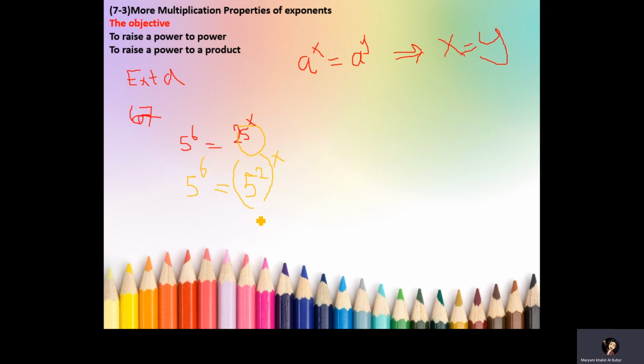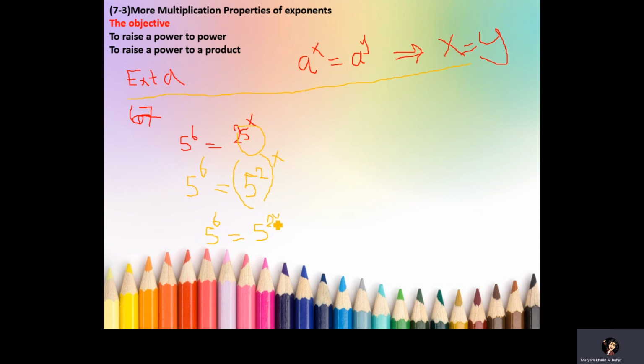All right. I learned that before. If I have a power raised to another power, I can multiply the powers. So that is 5 to the power 2x. I just multiplied them. I did not do anything. That is equal to 5 to the power 6. Now, according to the given rule in the question, I have the same base.